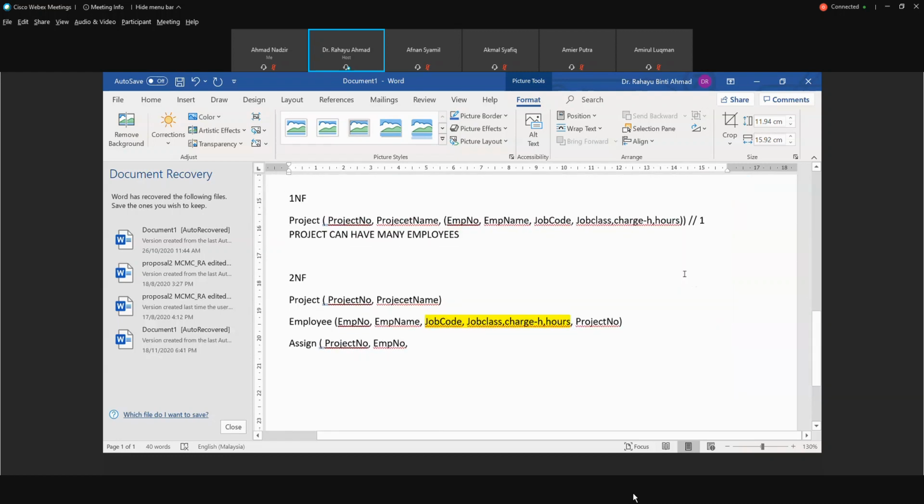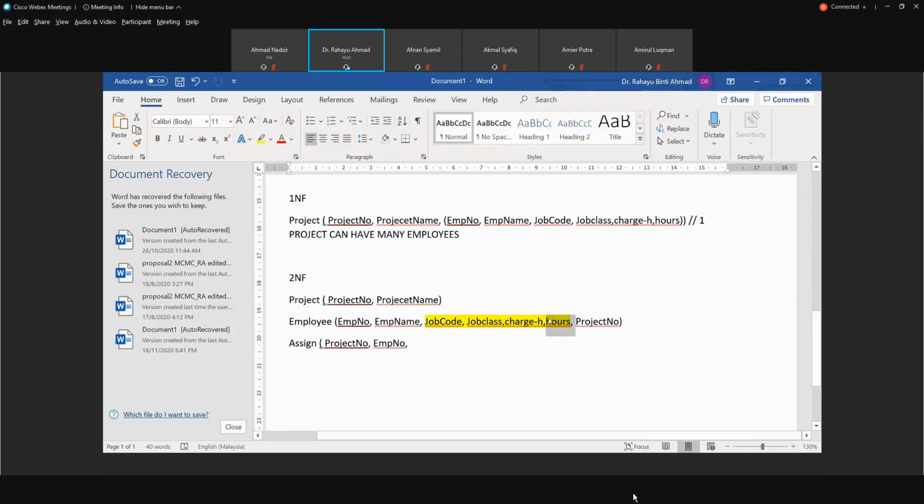So you know that the project number and employee number determine hours. So you take this out. Okay, so that will be 2NF. Okay, next, 3NF.